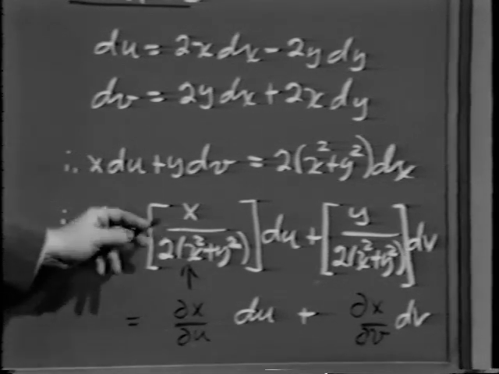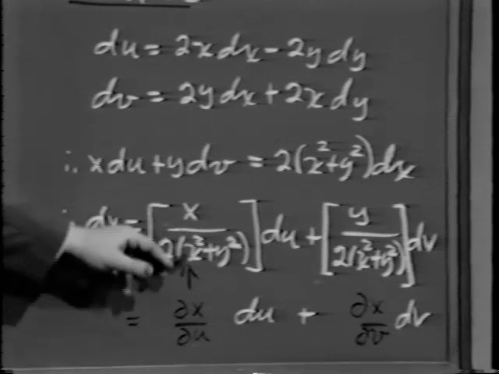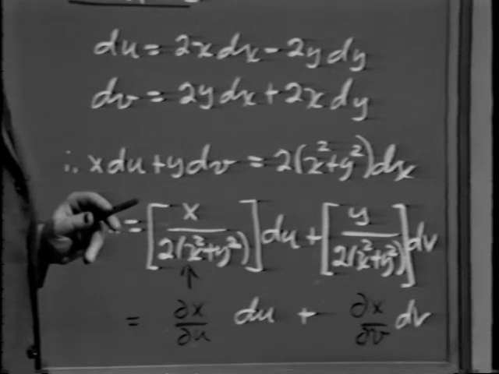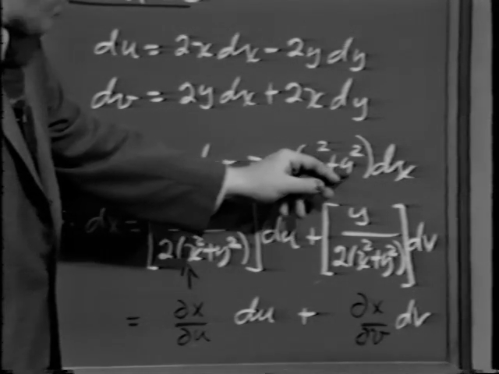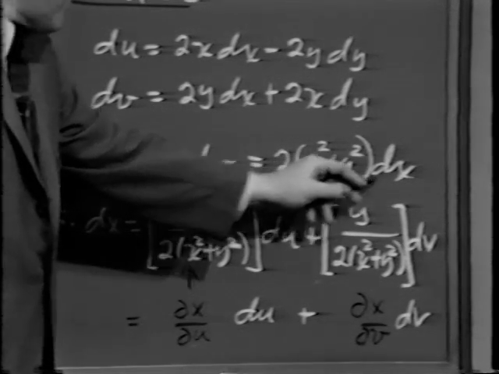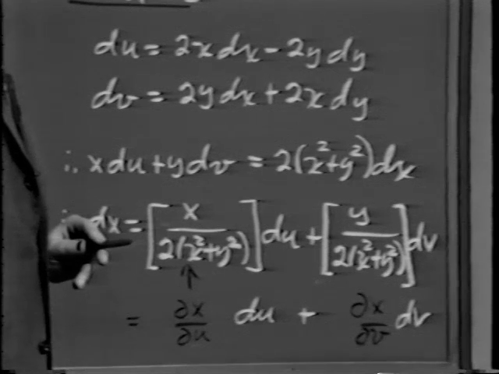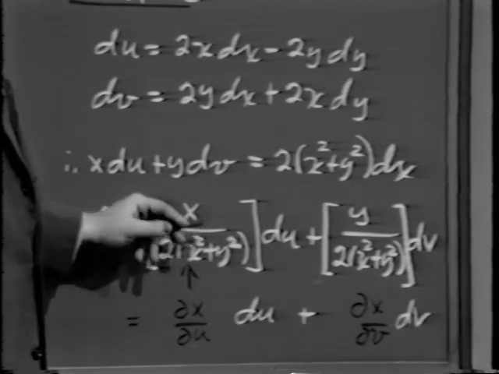By the way, observe purely algebraically that the only time I would be in any difficulty with this procedure is if x squared plus y squared happened to equal 0. Then to divide through by twice x squared plus y squared is equivalent to dividing through by 0, and division by 0 is not permissible.